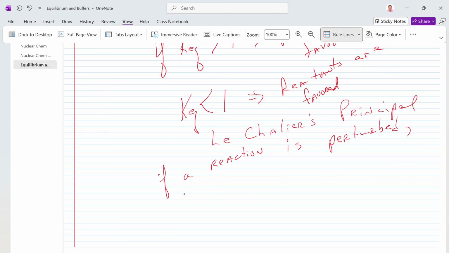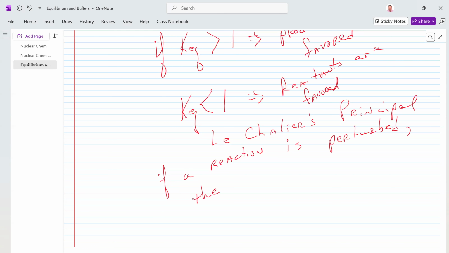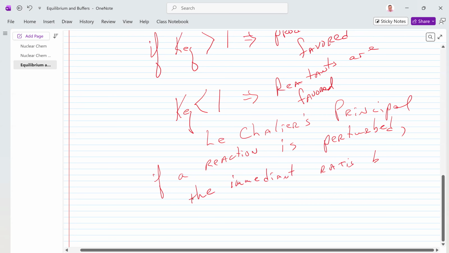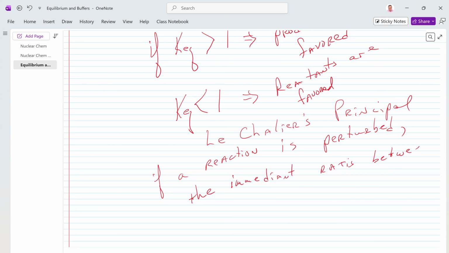But anyway, if a reaction is perturbed, the immediate ratio between reactant and product will change.